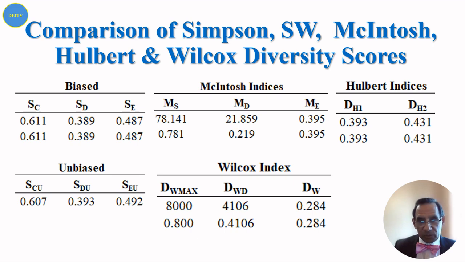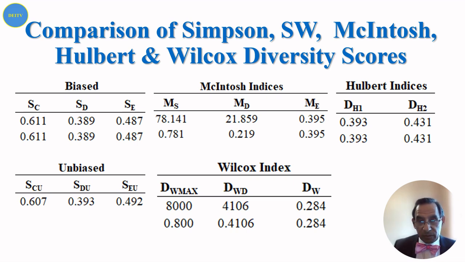Again, it's because it's using the square root of the product. The Hurlbert index, both the relative index, which is represented as DH2, yields a relative diversity score of 0.431. Again, it's larger than the Wilcox index.